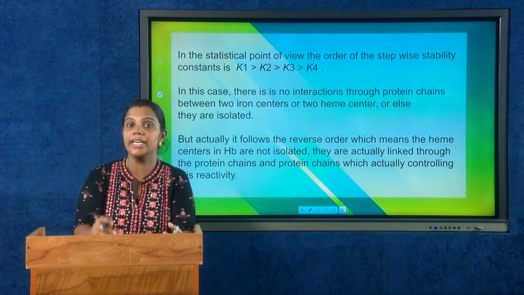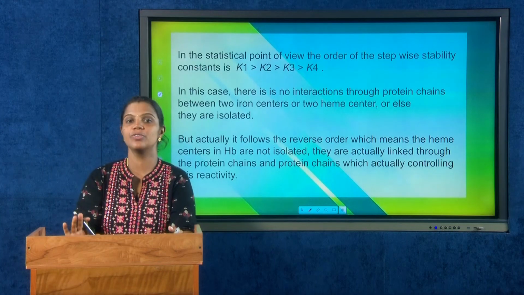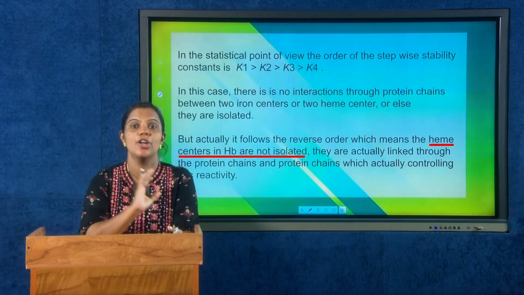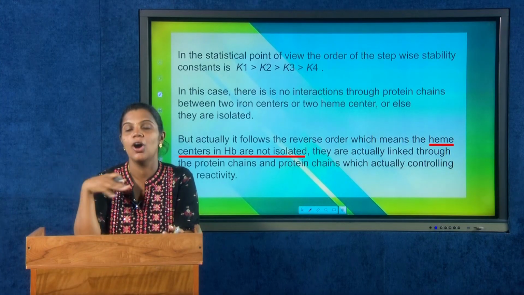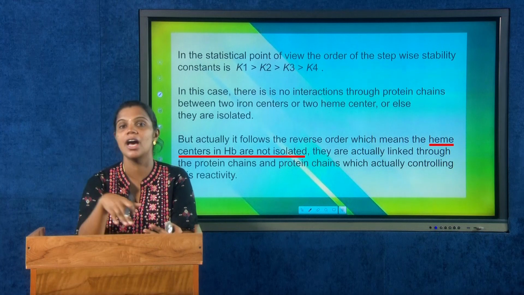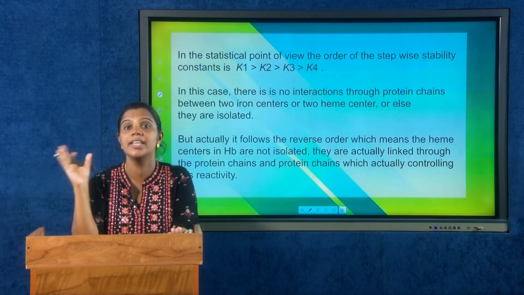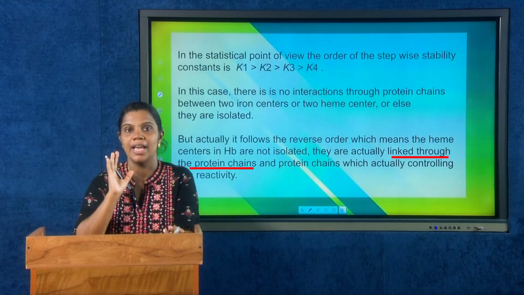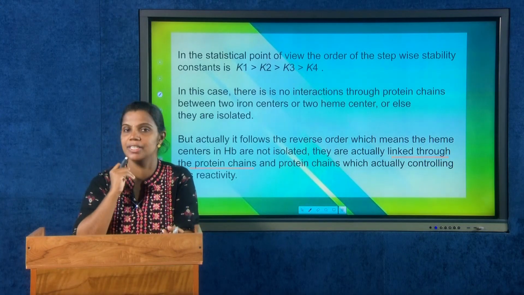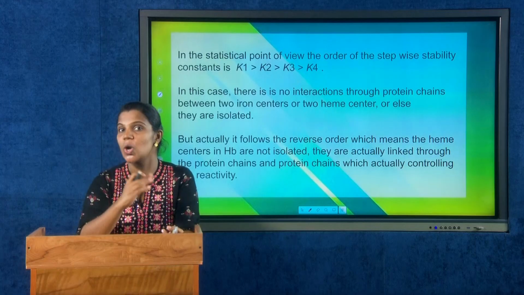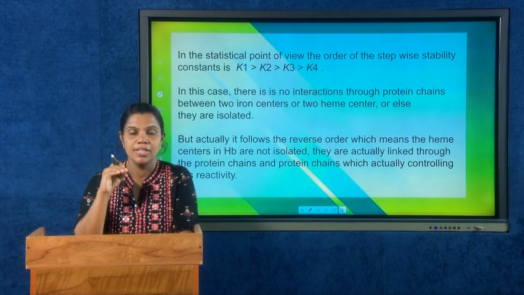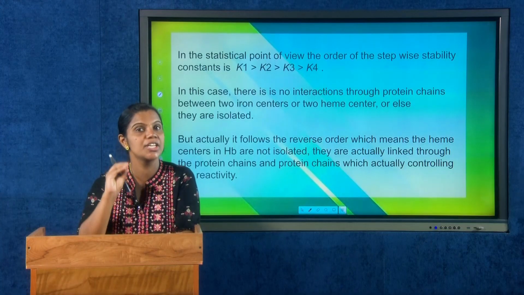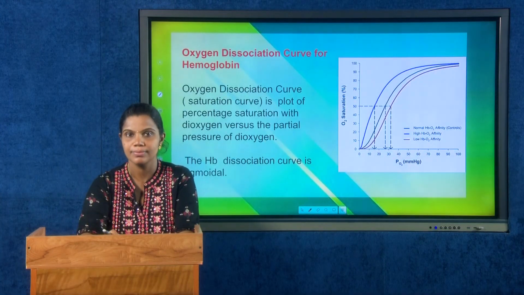But actually in hemoglobin, it follows the reverse order, which means that the heme centers are not isolated or free. They are actually linked with the protein chain, and this influences the stability constants and controls the reactivity. So, the protein molecule has a great role to play in the oxygenation of hemoglobin.